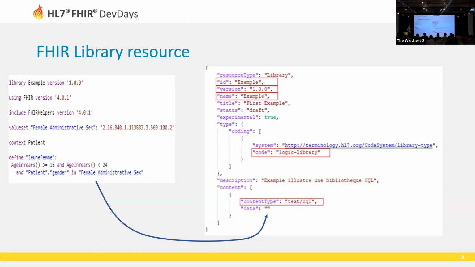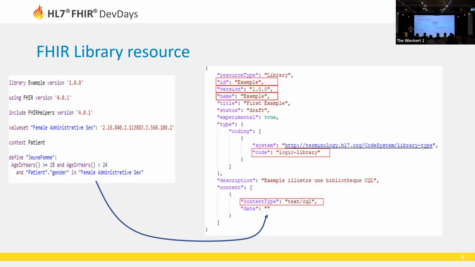Why were we doing that? It's because in this setup we had not published the CQL libraries, but they were work in progress by the clinicians we were working with.